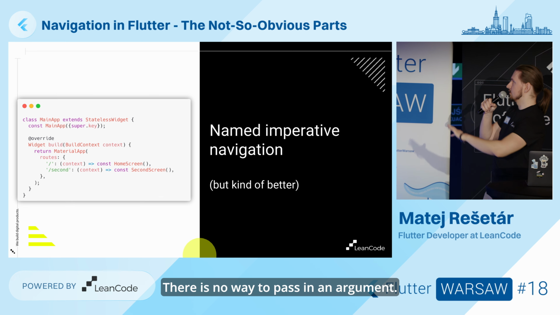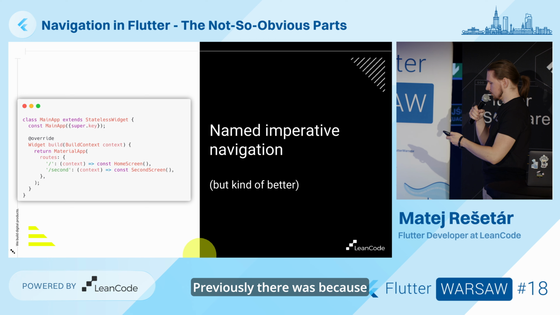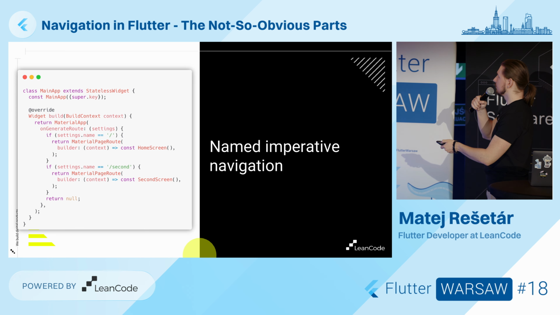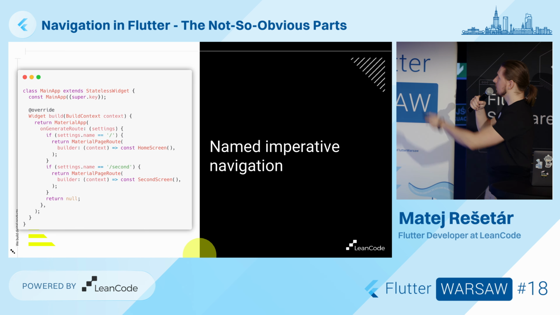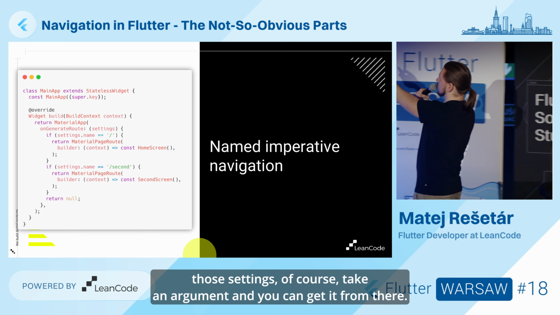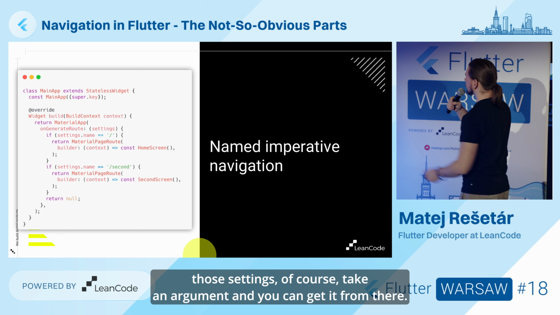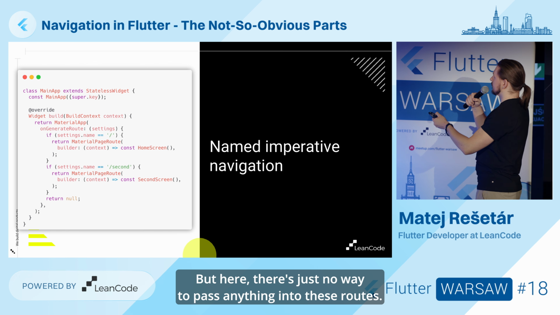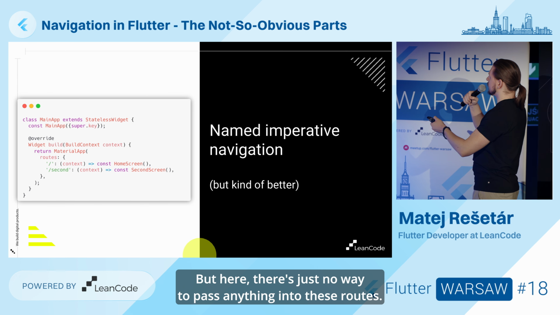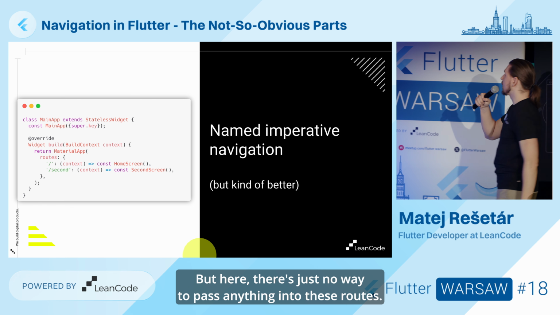There is no way to pass in an argument. Previously there was, because those settings, of course, take an argument and you can get it from there. But here, just no way to pass anything into these routes.